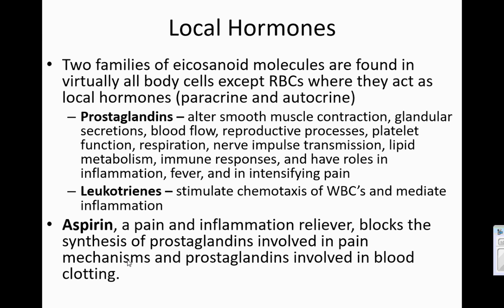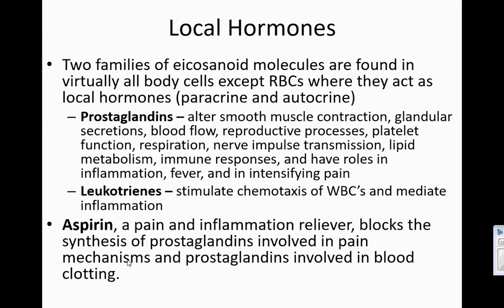Two families of eicosanoid molecules are found in virtually all body cells except for red blood cells, where they act as local hormones. Let's talk about prostaglandins, which do a whole bunch of different things. Some of these we've talked about, like nerve impulse transmission, though we didn't talk about prostaglandins aiding in that.